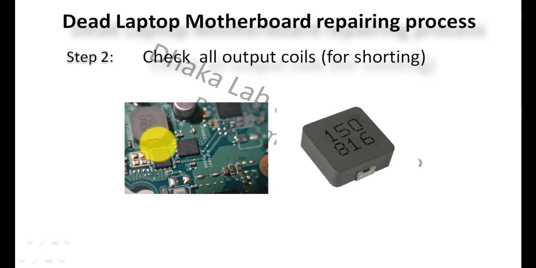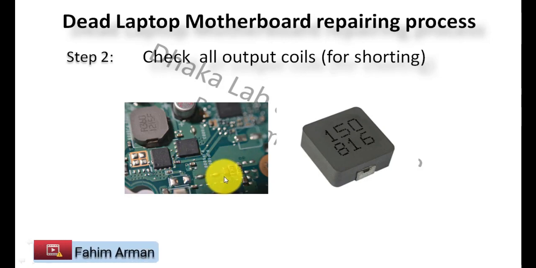If any coil keeps beeping with zero value, then there is shorting in that section. You have to inject voltage or find the shorted part and replace it, or if everything is okay in the shorting test, then go for the next step.